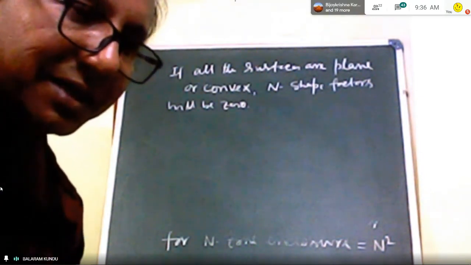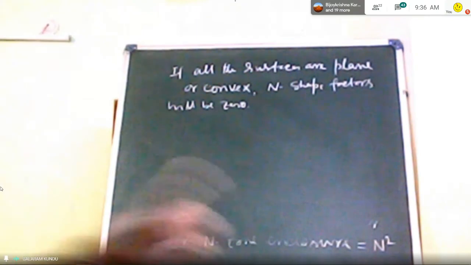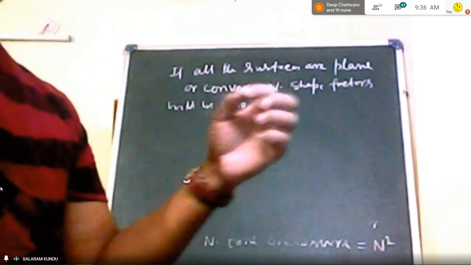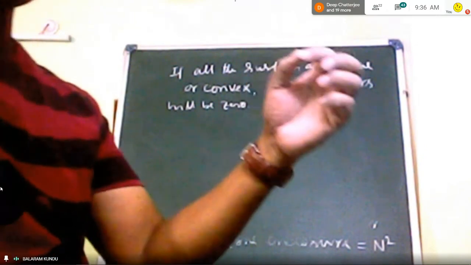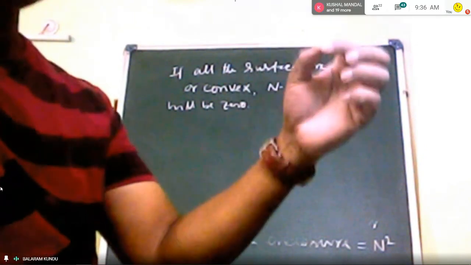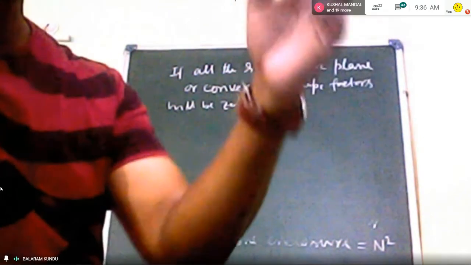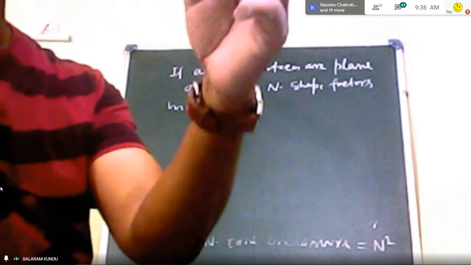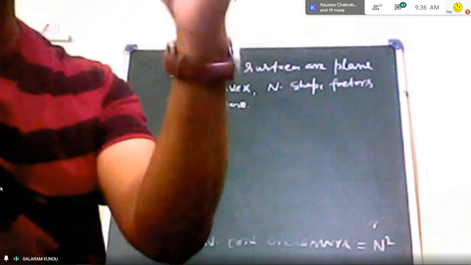So any idea? The reciprocity relationship, I already mentioned. If we consider two surfaces, area A1 times the shape factor from surface 1 to surface 2 should be equal to area A2 times the shape factor from surface 2 to 1. So this is one relationship.